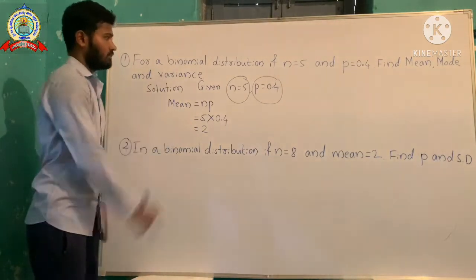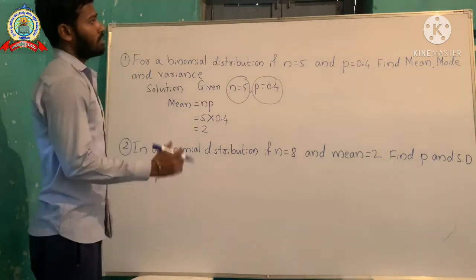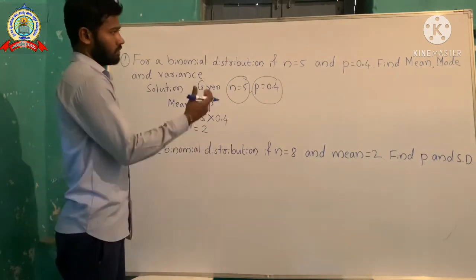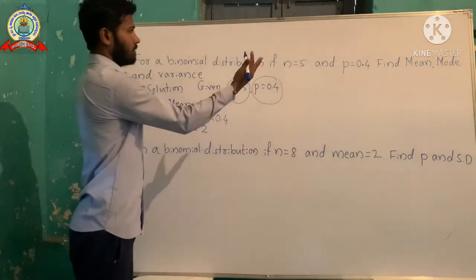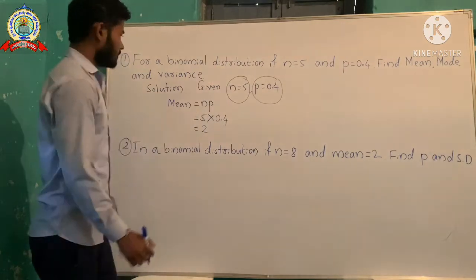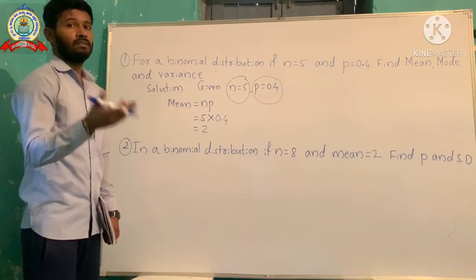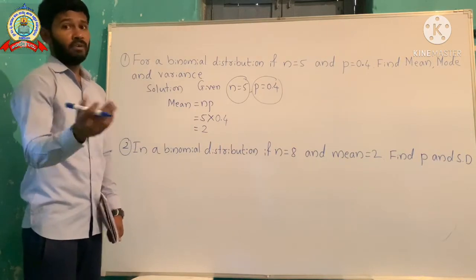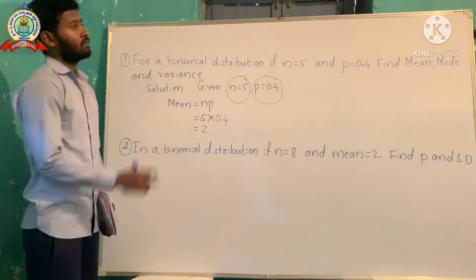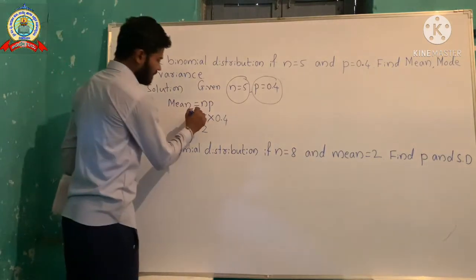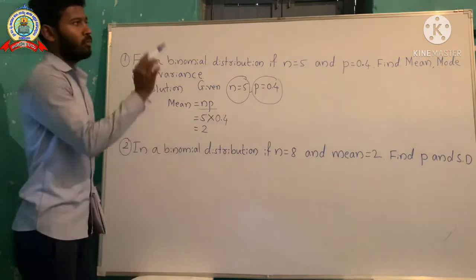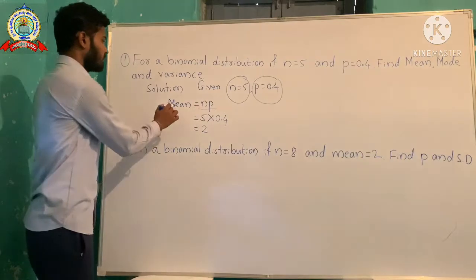So let me solve the mode value. I have already told you when explaining the properties of the binomial distribution, when np is an integer, the mode value is equal to the mean.